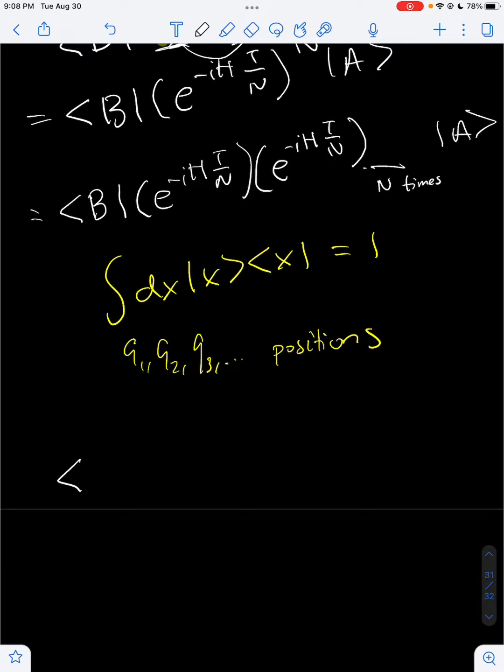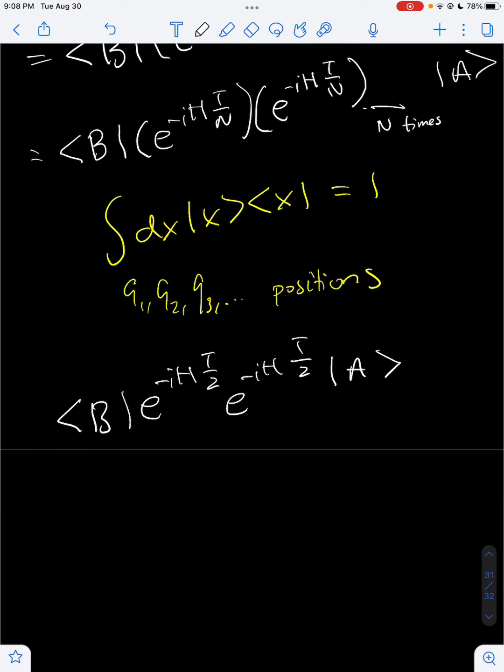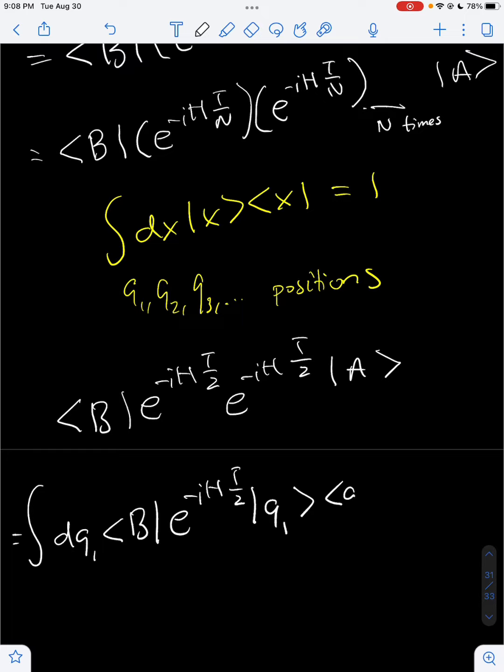So we'd have the inner product of B with e to the minus iH t over 2 times e to the minus iH t over 2 times A. Then we do the integral over dq1. This is going to be equal to this integral over dq1 of B acting on e to the minus iH t over 2, times q1, e to the minus iH t over 2 acting on A.